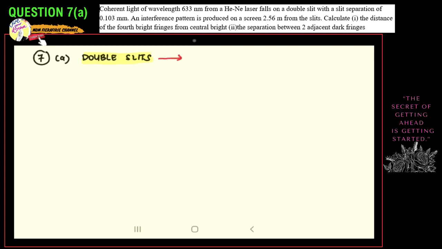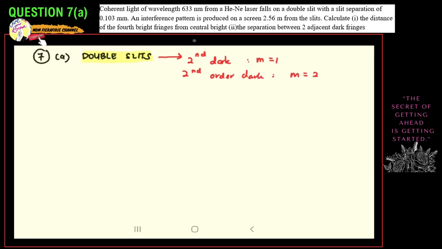Look at here. For double slits, if the question state that, for example, second dark, okay, iaitu dark yang kedua. So second dark for double slits, M is equal to 1. Okay, dia kena tolak 1. Tapi kalau soalan sebut second order dark, okay, so M is equal to 2.